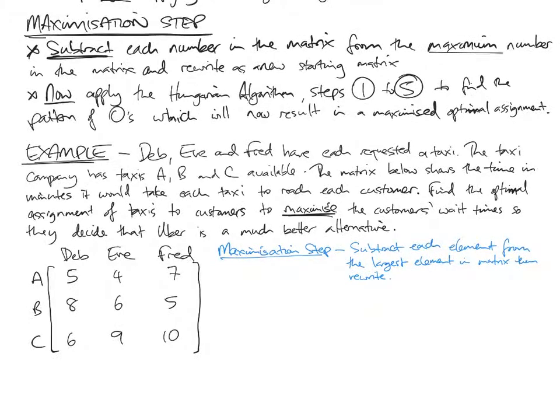So what is this step? I'm going to call it the maximization step, and it involves subtracting each number in the matrix from the maximum number in the matrix, and then you rewrite these results as a new starting matrix.